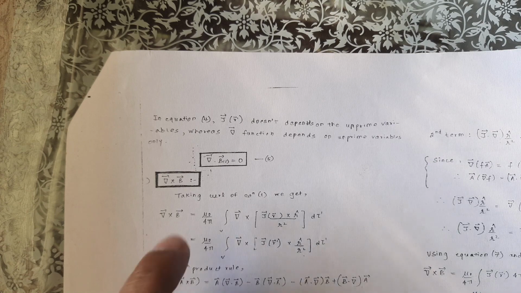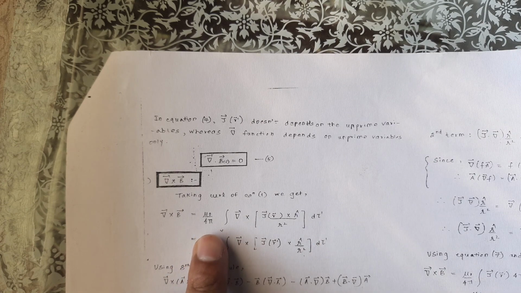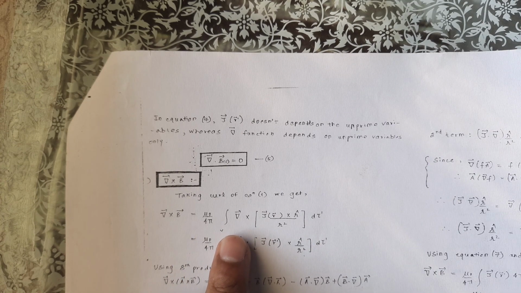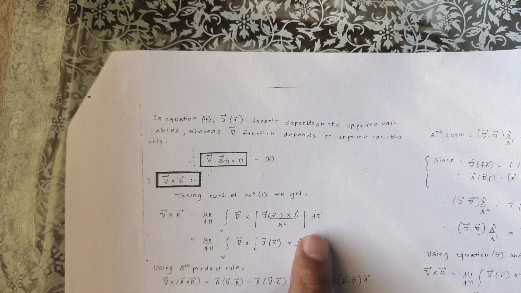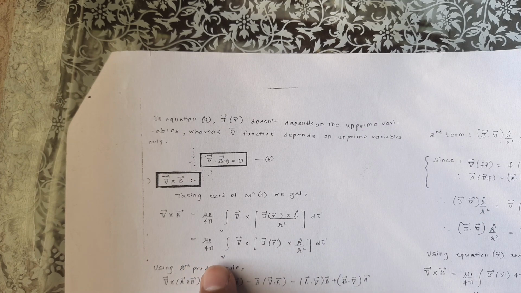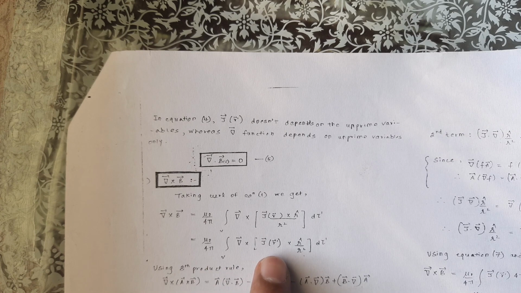So del bar cross B bar is equal to mu 0 upon 4 pi del bar cross the integral of J of r prime cross r cap upon r square d tau dash, which is equal to mu 0 upon 4 pi volume integral of del cross (J of r prime cross r cap upon r square) d tau dash.